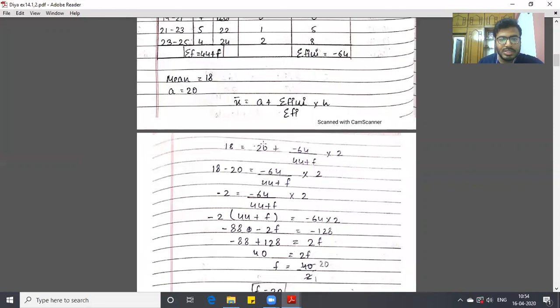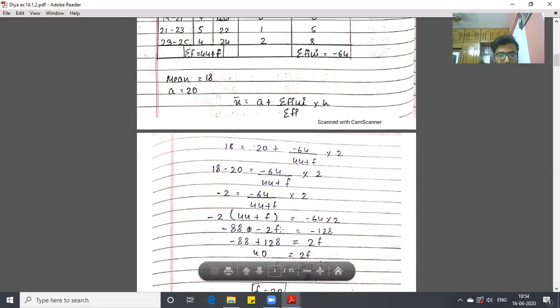Okay. Now the first thing, first take this 20 को बाजू में लेके जाओ, वो क्या हो जाएगा, -20. Okay. So 18 minus 20 is what, -2. And here it is what, -64 upon 44 plus f into 2. Now this 44 plus f को आप उस तरफ लेके जाओगे और यहाँ पर 64 into 2.